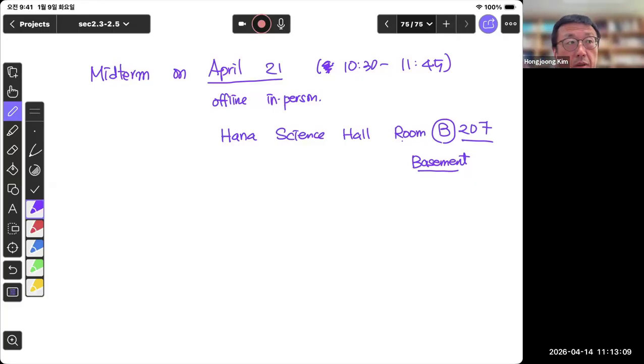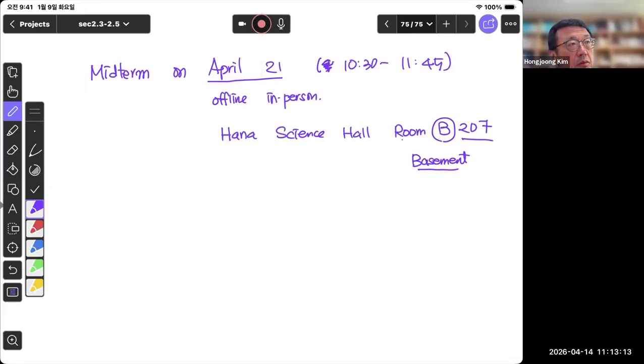The exam covers from section 1.1 up to section 2.5.